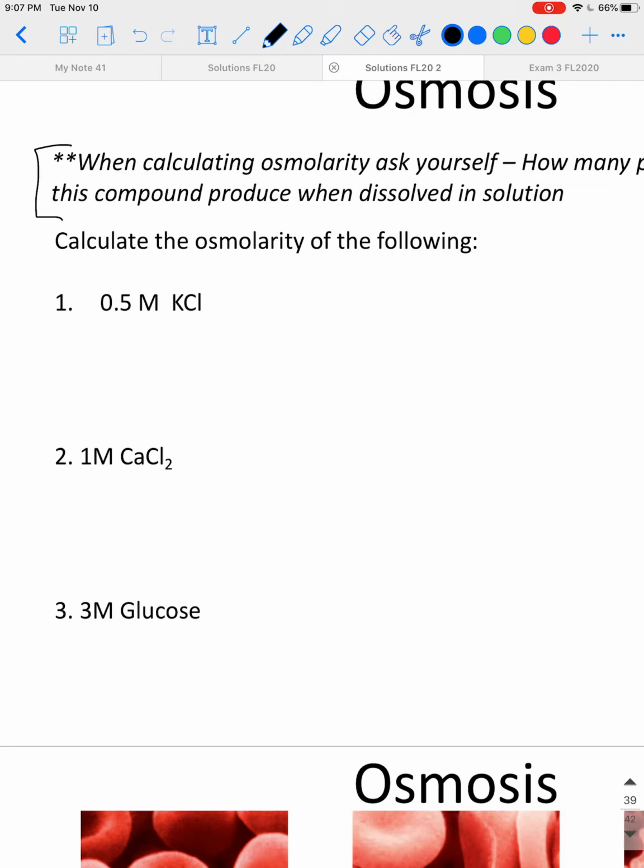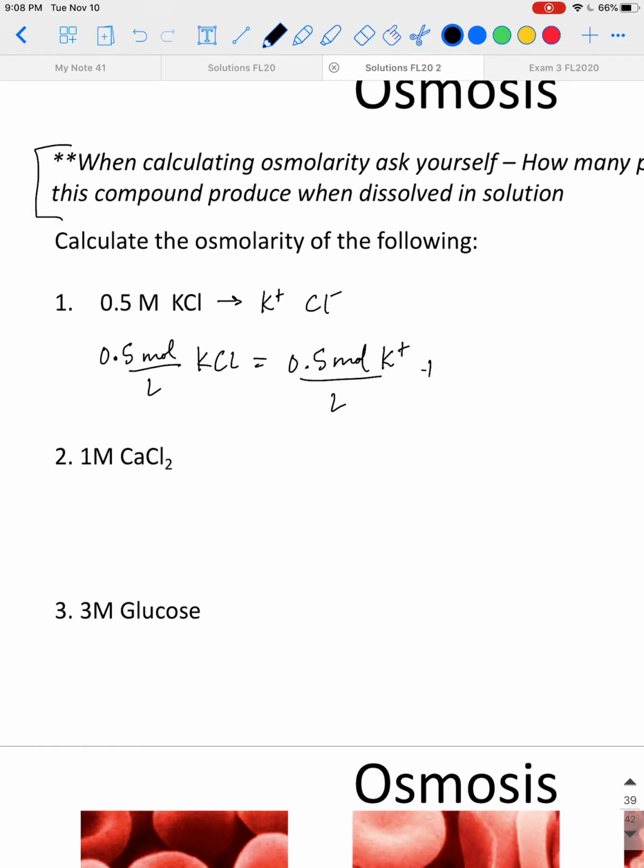So if we have 0.5 molar KCl, potassium chloride, what is the osmolarity? So we're trying to calculate how many particles per liter. Essentially I'm going to rewrite this. We have 0.5 moles per liter of KCl. Well, then we know this is going to break apart. KCl will break apart into K+ and Cl-, so it dissolves into 2 ions.